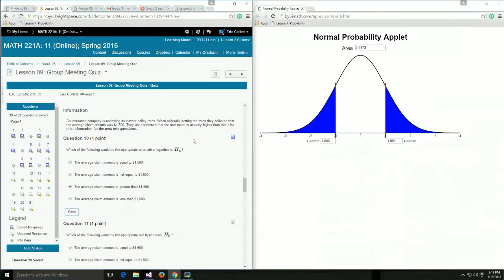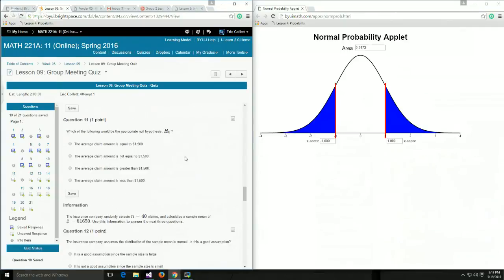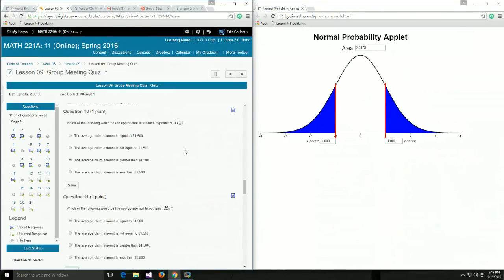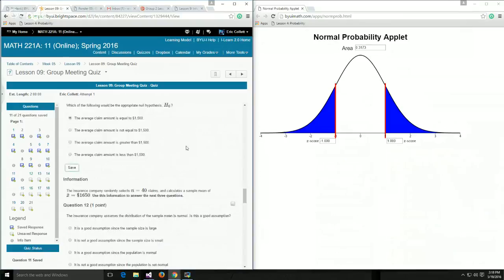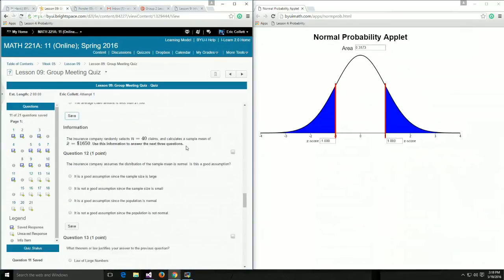Yeah, I was thinking C. Because it looks like they think that it's actually higher, so the null hypothesis would be that it's equal to 1500. The alternate hypothesis would be that it's greater than that. And then that means we know this one. So 11A, I think, equal to 1500.